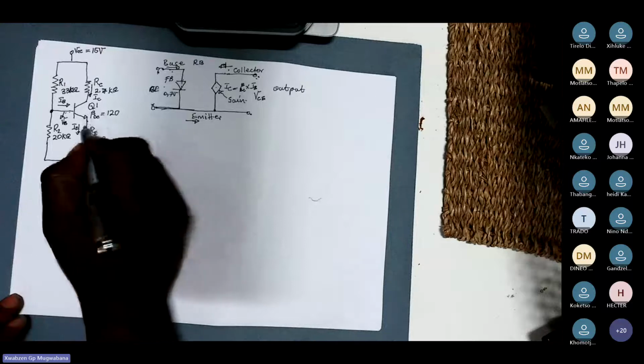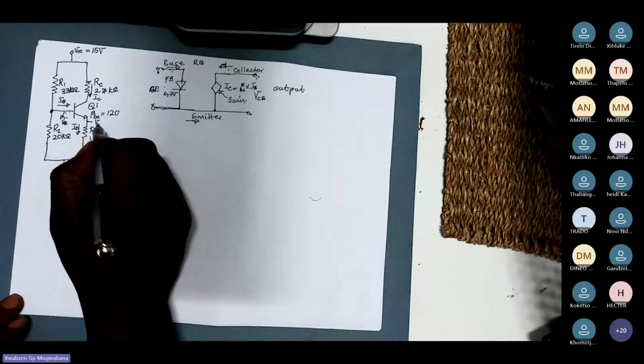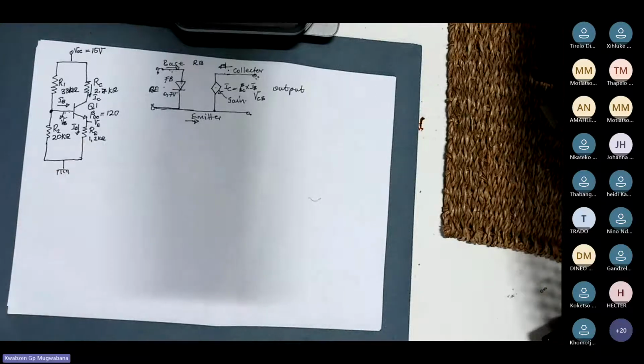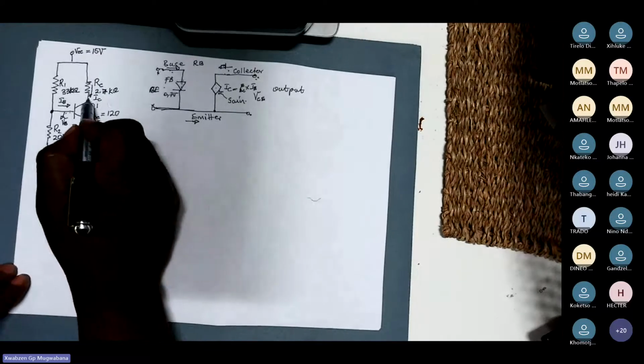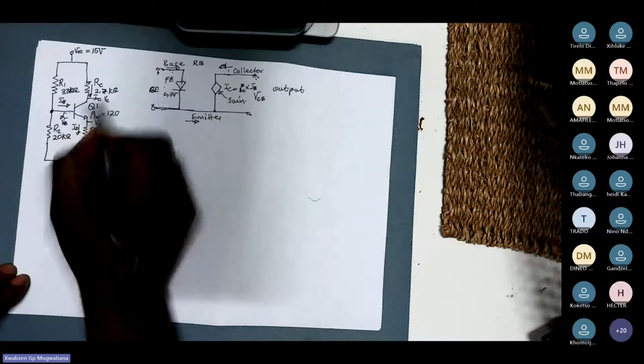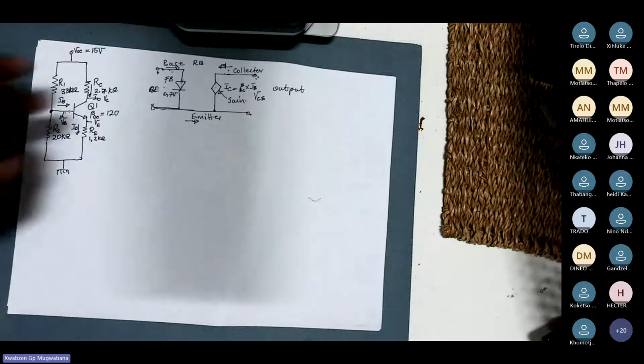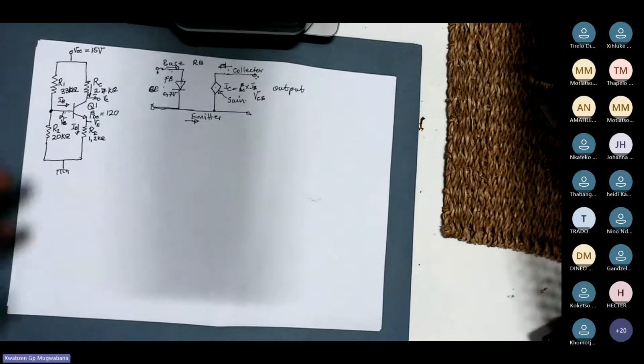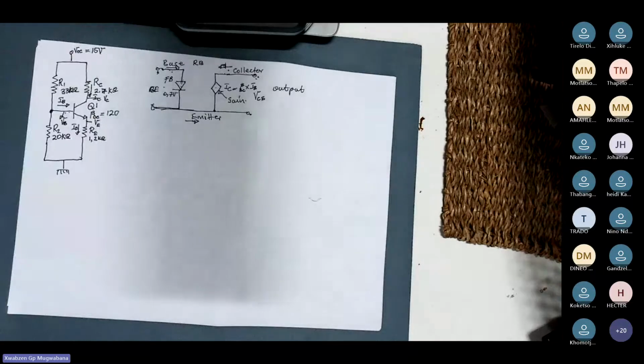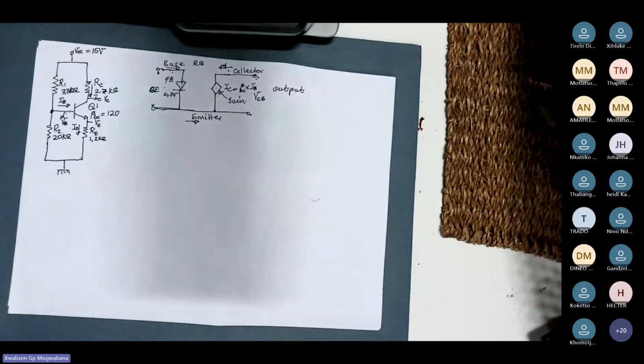When IE is flowing, VE is generated at that point there. When IC is flowing, VC is generated at that point there. Once these elements have been identified, then we can define the characteristics of our working transistor.